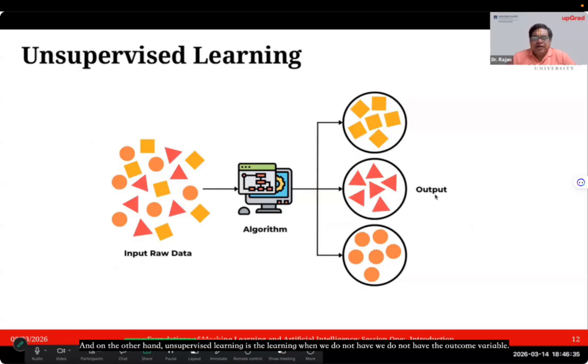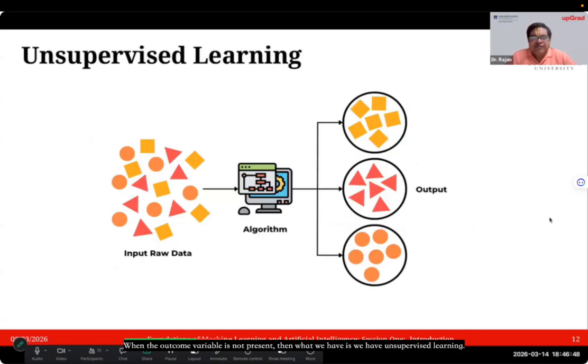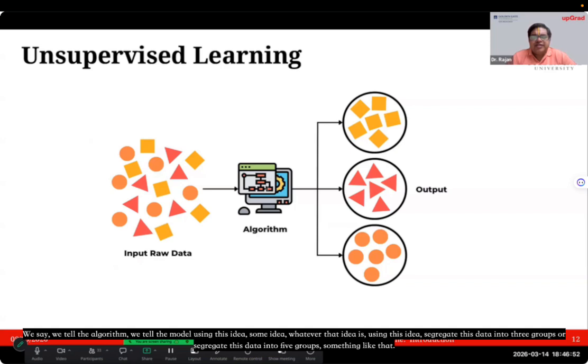On the other hand, unsupervised learning is the learning when we do not have the outcome variable. When the outcome variable is not present, what we have is unsupervised learning. So what do we say? We tell the algorithm, we tell the model, using some idea, whatever that idea is, segregate this data into 3 groups or into 5 groups.